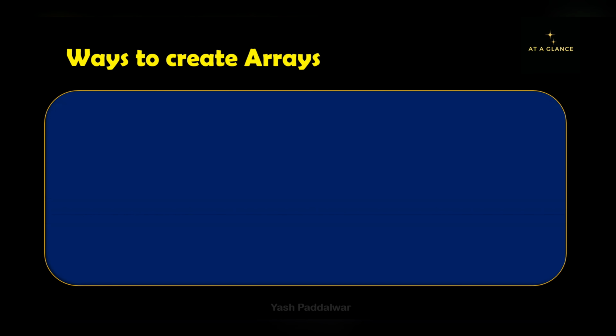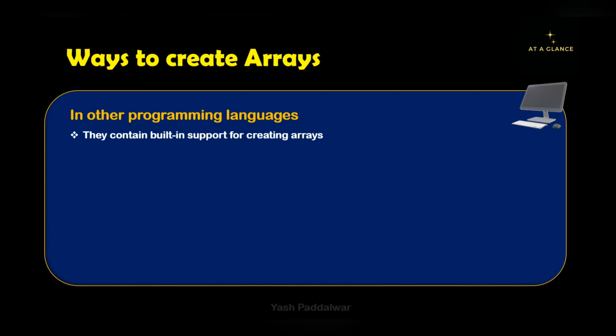Now that we have seen what an array is, it's time to see how we can create arrays in programming languages. When we talk about programming languages other than Python, they contain built-in support for creating arrays.